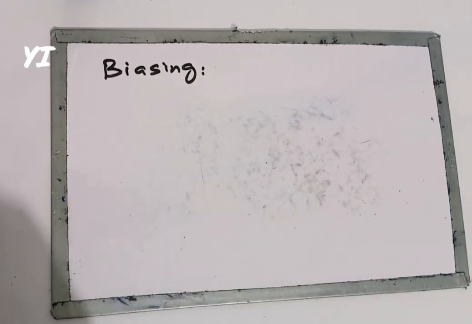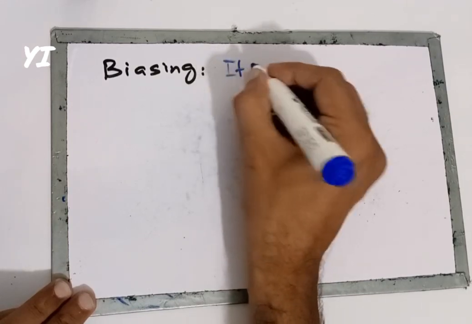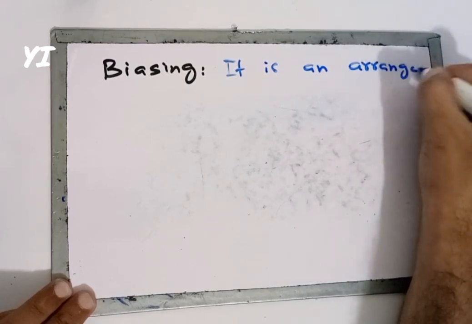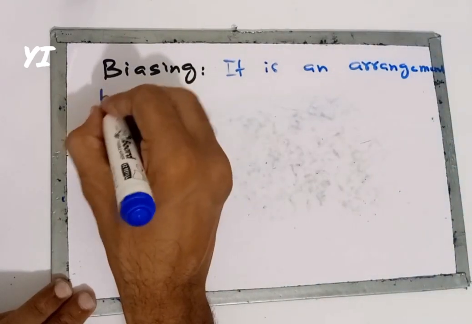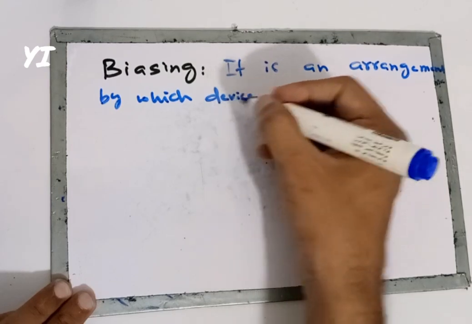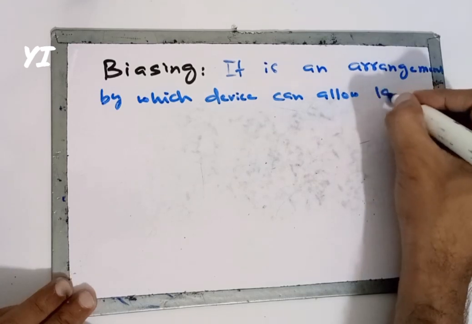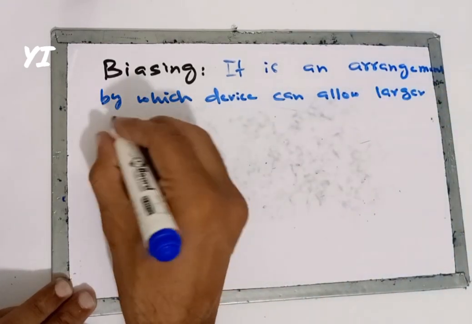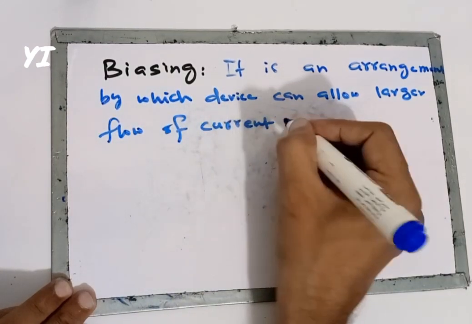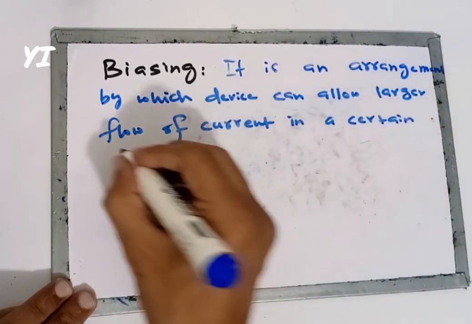So we'll write that biasing in diode, it is an arrangement by which device can allow larger flow of current in a certain direction.